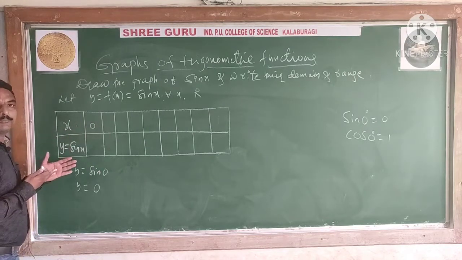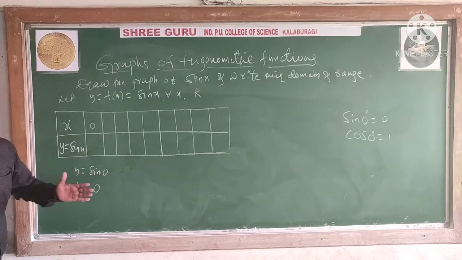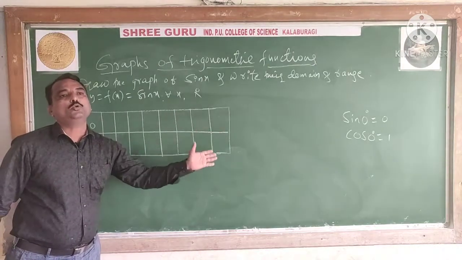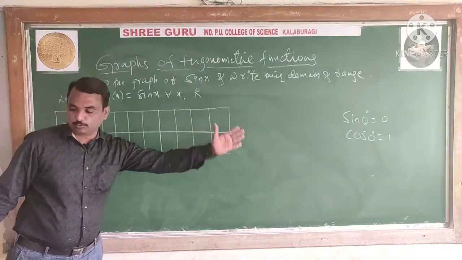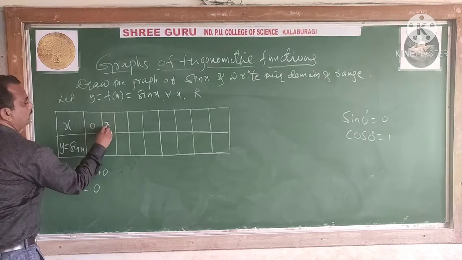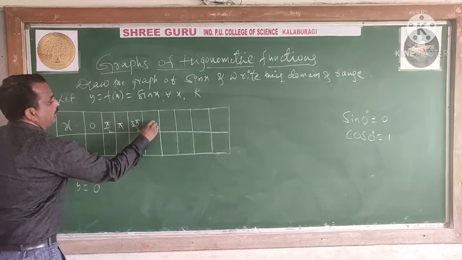Next, we take certain values periodically: 0 to pi by 2, pi by 2 to pi, pi to 3 pi by 2, 3 pi by 2 to 2 pi. Like that we take the domain values: pi by 2, pi, 3 pi by 2, 2 pi.